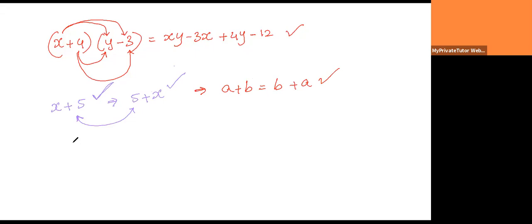So another way you can write, for example, x times y, let's call it xy, which is the same as y times x. You can write xy or yx. Both are the same, isn't it? So that's what the commutative property says. A times B is nothing but B times A.